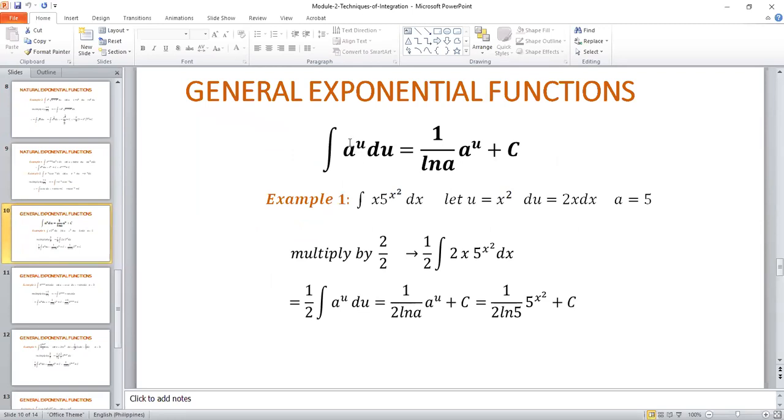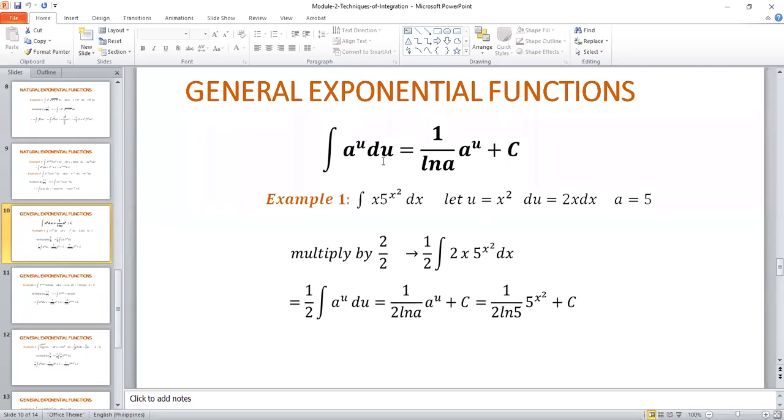This could be 2, this could be 100, this could be 1/2, 1/4, or -5, something like that. But in this case, we cannot have a negative base because we don't have an ln of a negative number. So we'll just have this a as any positive real number.